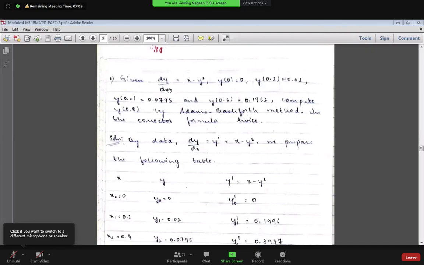First thing is we need to see that only dy by dx should be on the left hand side. So already only dy by dx is there on the left hand side. So y dash is x minus y square.